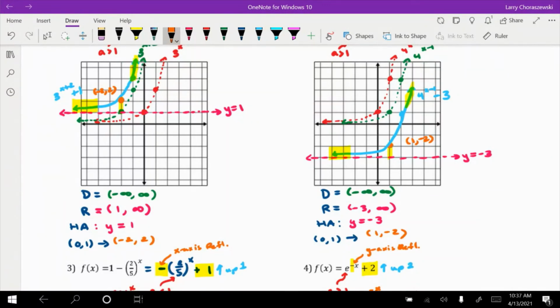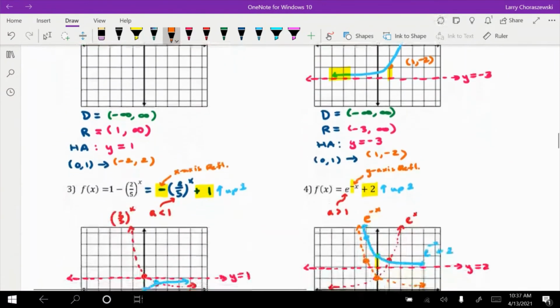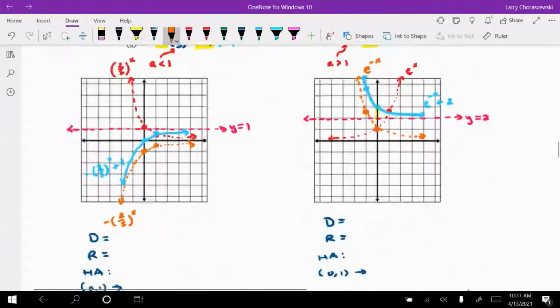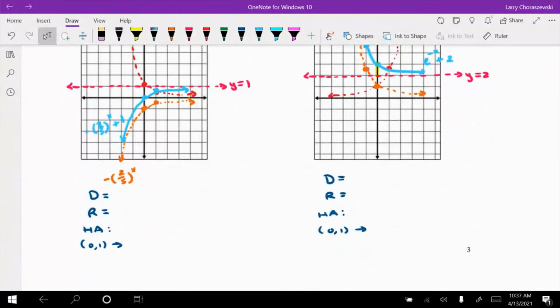All right. Let's move on to number 3. Domain is all real numbers. The range, since this graph is upside down, the left end is going down to -infinity. So we'll start the range with that.